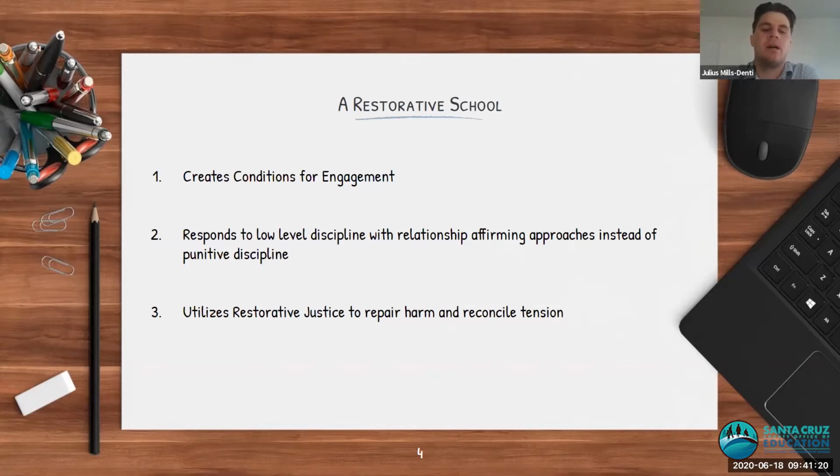And lastly, a restorative school uses RJ, restorative justice, to repair harm and reconcile tension. A lot of the times we think of restorative practices and restorative justice as the same thing. They're not. Restorative practices is the large umbrella and restorative justice falls under it. Restorative justice emerged in the criminal justice field as an alternative to conventional practices that put everything in the court's hands and distanced victims and offenders from one another.